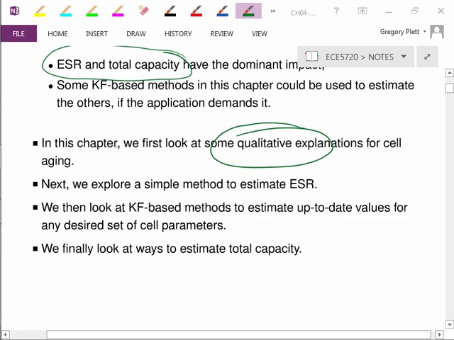And then we'll look at a simple method to estimate the series resistance that actually works quite well. And then we'll look at some Kalman filter-based methods to estimate any cell parameters of interest. And finally, we'll spend actually quite a bit of time looking at ways of estimating the total capacity of a battery cell.